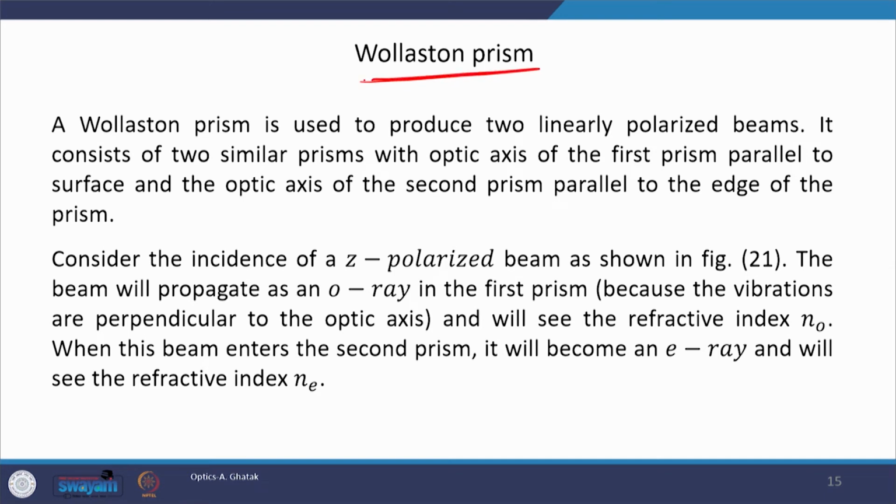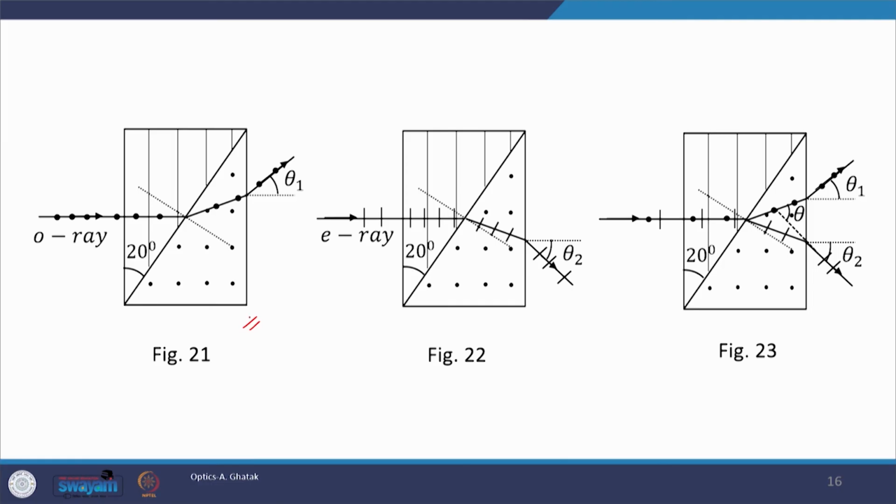A Wollaston prism is used to produce two linearly polarized beams, and it consists of two similar prisms, with the optic axis of the first prism parallel to the surface and the optic axis of the second prism parallel to the edge of the prism, and this is shown here in this figure. Okay, you see that the Wollaston prism consists of two prisms. This is the first one and this is our second one.